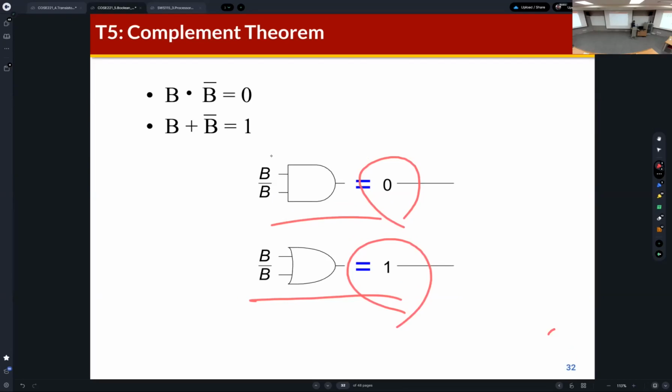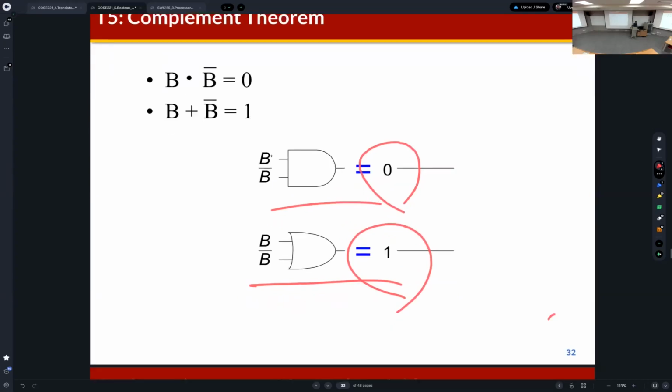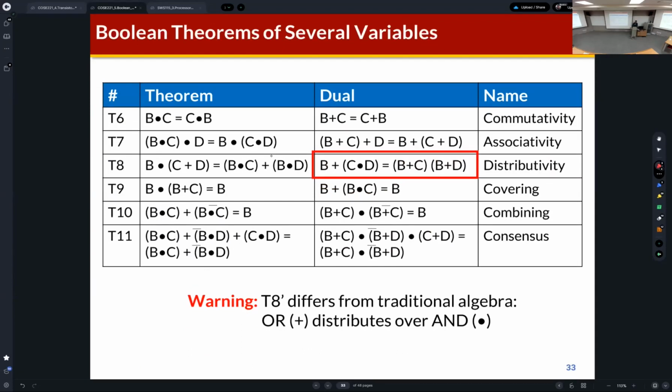These theorems are obvious. So we can think about some slightly more complex theorems like this. These theorems handle two different variables. As you can see, this column is the theorem number.